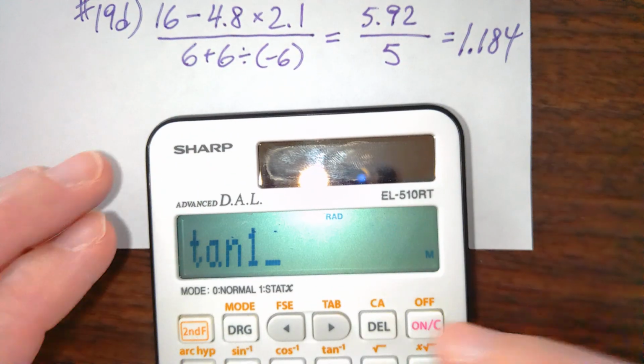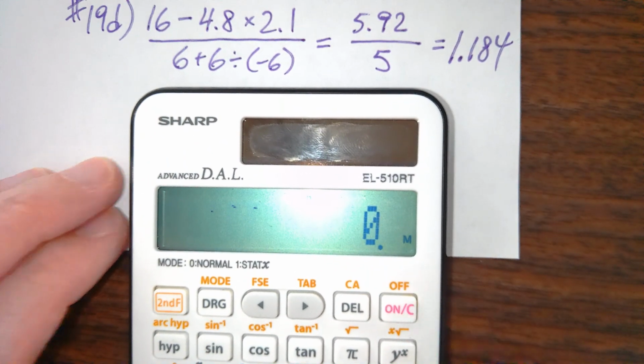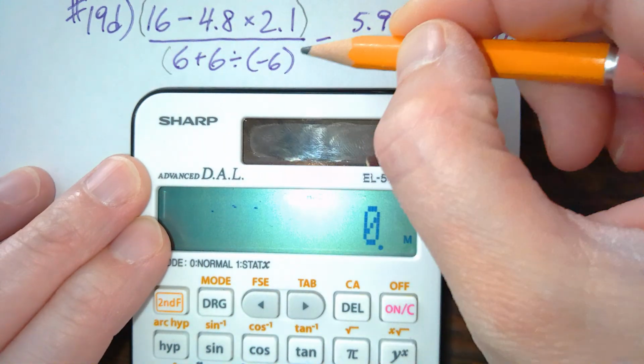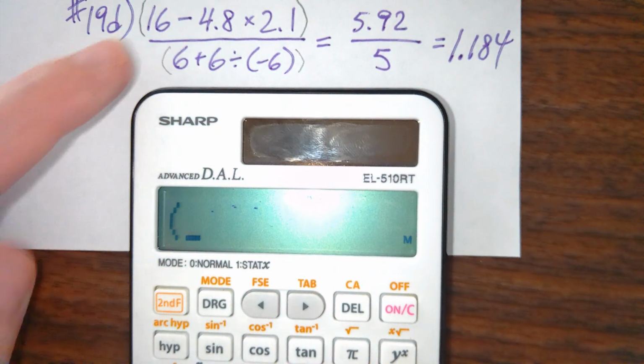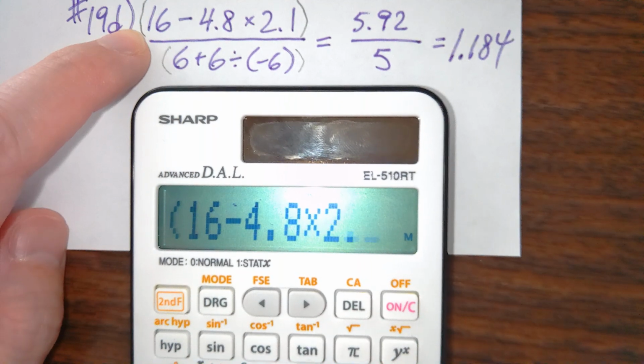Just one quick note, if you are going to put this all in your calculator, again, put an invisible bracket around your whole numerator and put an invisible bracket around your whole denominator. So when I do that, I can just simply do 16 minus 4.8 times 2.1.